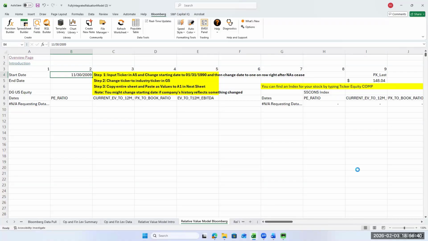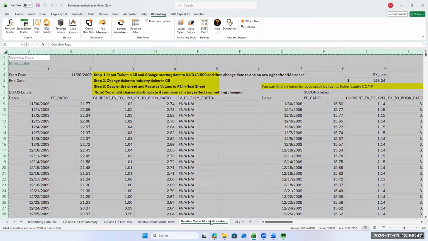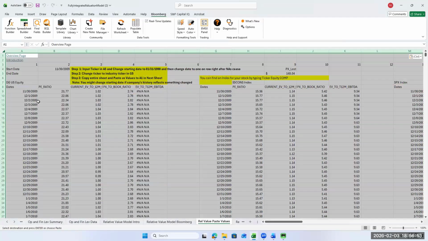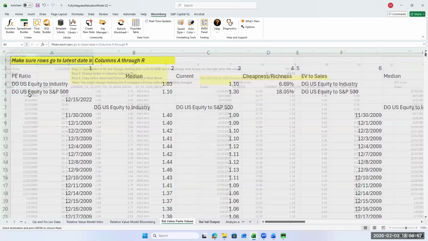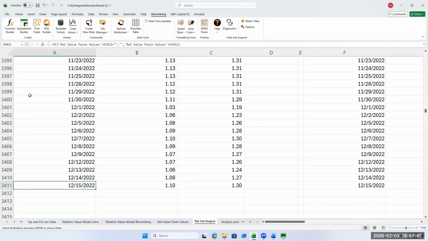Once you have your data, you got the date. The only thing you really have to worry about is getting the right date. You just take this entire page and copy it, and you paste it to the next one. So now you got your data, and then the next page, the only thing you have to do is go down to the bottom and just make sure you notice how it stops at 2022.